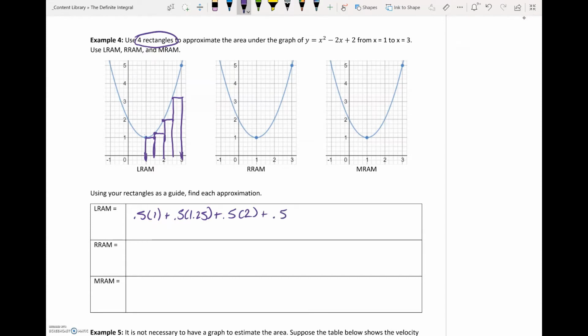The next one looks like it's at 3.25. Okay, so we're going to multiply this all together and add them up. So it's 3.75. What you could also have done, because we know that all these widths are the same, you could also have done 0.5 times 1 plus 1.25 plus 2 plus 3.25, and that would give you the same sort of thing.